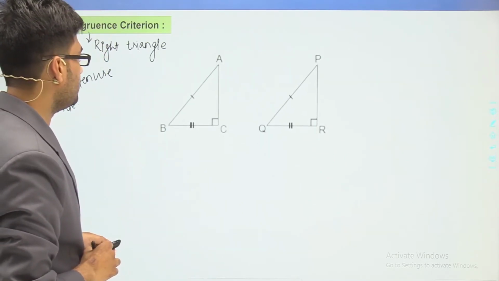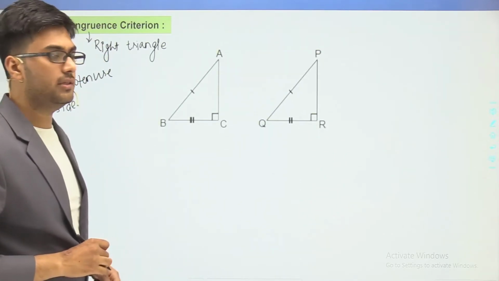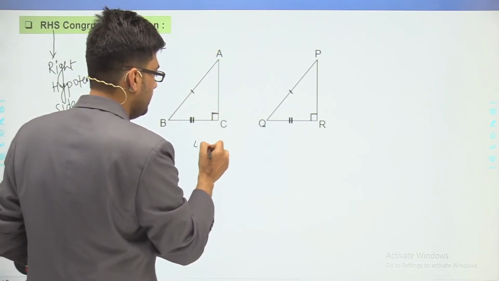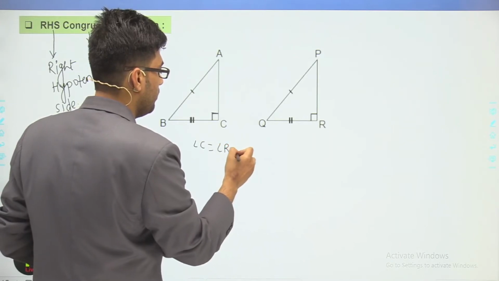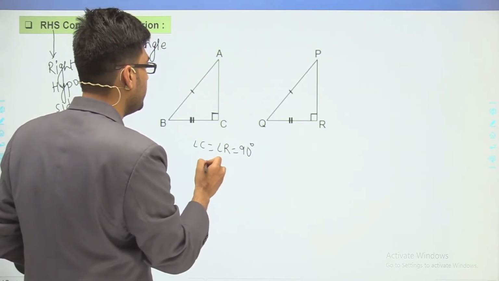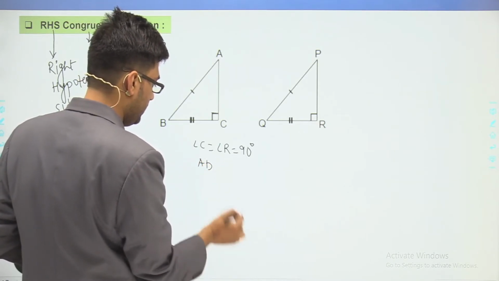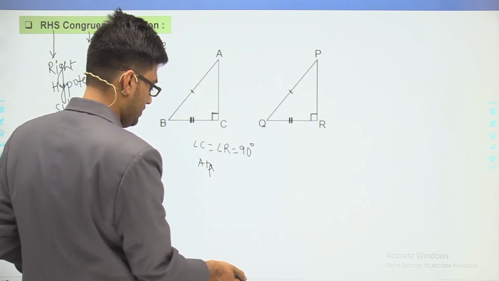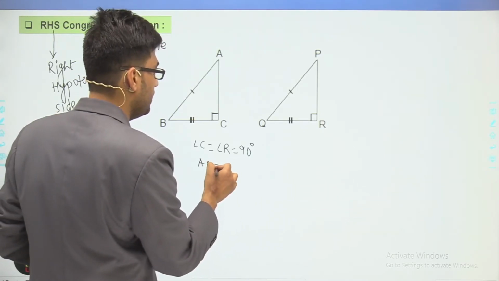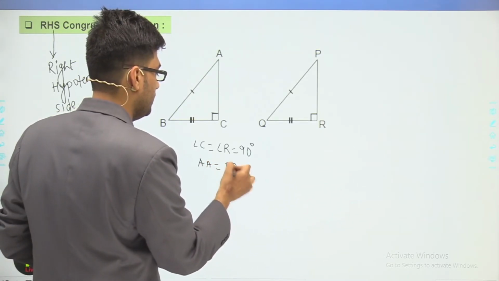Now these are two right triangles here, and it is given that angle C is equal to angle R, and both are 90 degrees. And students, it is given that the hypotenuse AB is equal to PQ. Clear?